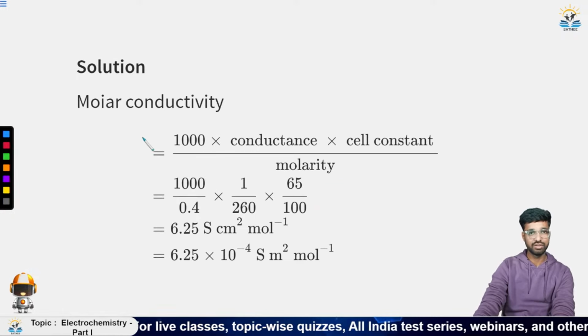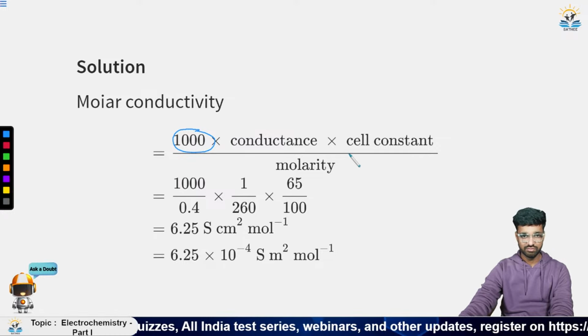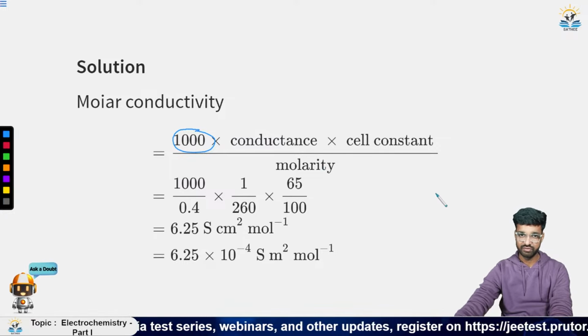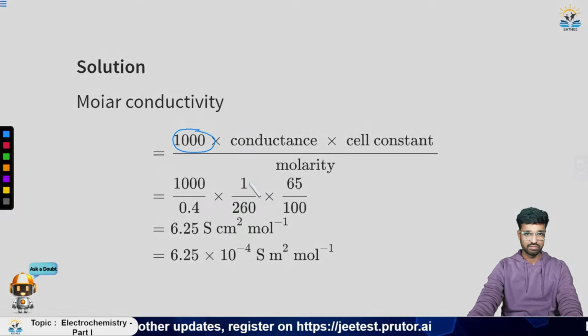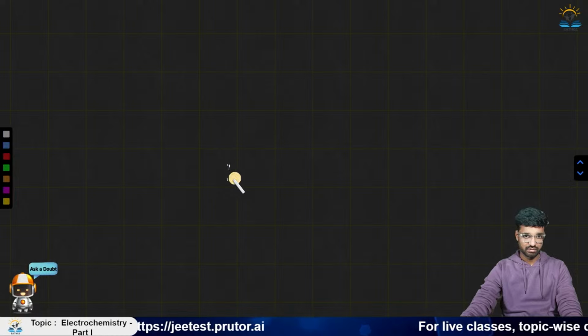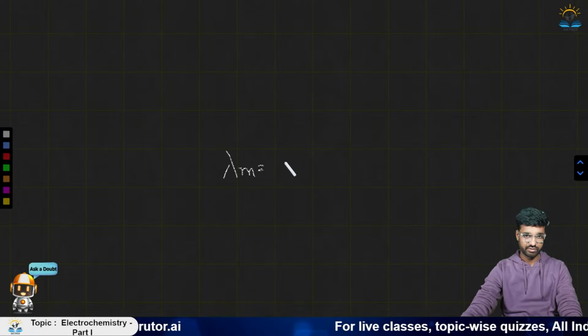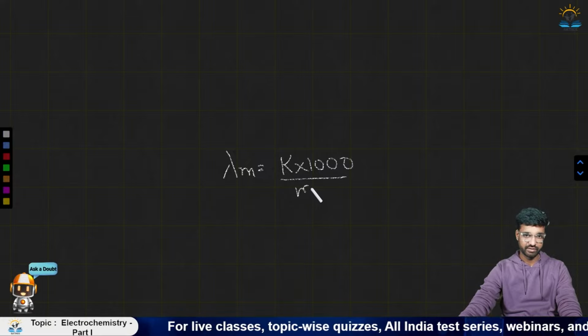Now for the second solution, we have to calculate the molar conductivity. We know the formula very well: lambda m is equal to kappa into 1000 by molarity.